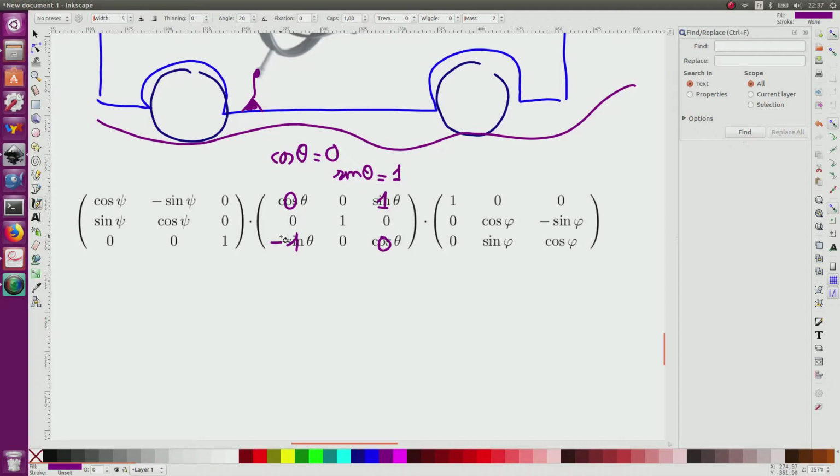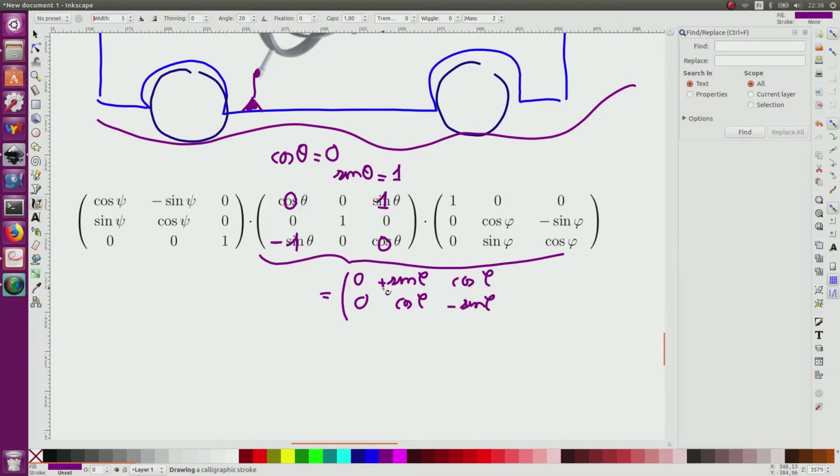If I multiply these matrices, since everywhere I have zeros except on this diagonal, I will have some permutation of the columns, and I will get this matrix: 0, minus sine phi, cos phi, 0, cos phi, minus sine phi, and here -1, 0, and 0.